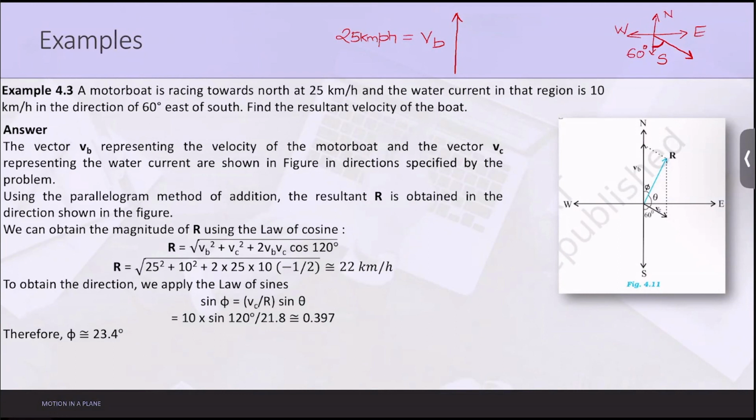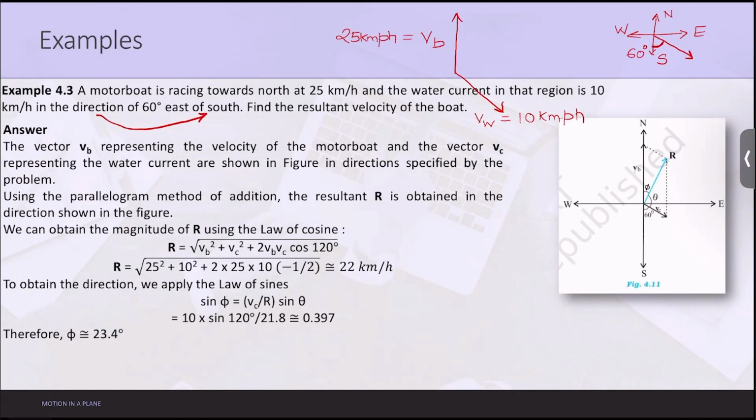Because it is east of south, we go in the direction which is right hand side. So we can make the velocity of water in this direction, which is equal to 10 kmph. That is how this is made.